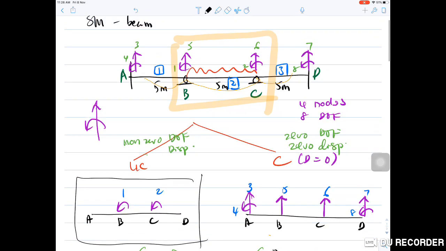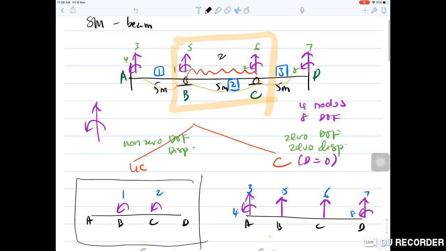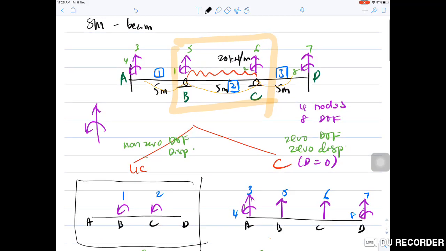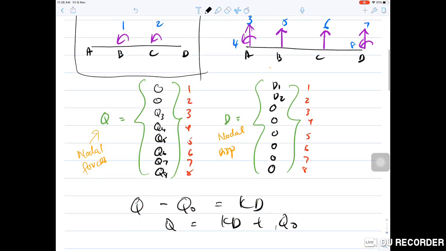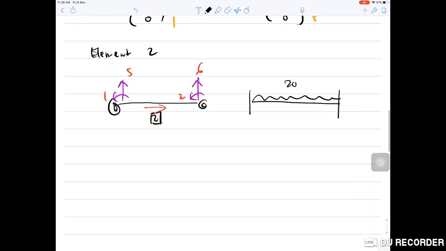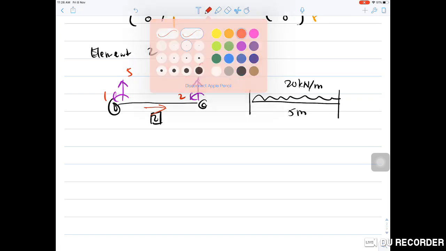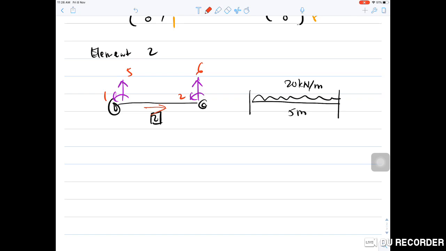Let's say the W value is 20 kilonewton per meter, and L is 5 meter. Remember that the fixed end moment is behavior, so to maintain equilibrium, this is the vertical reaction at the support and the fixed end moment due to the load shown.